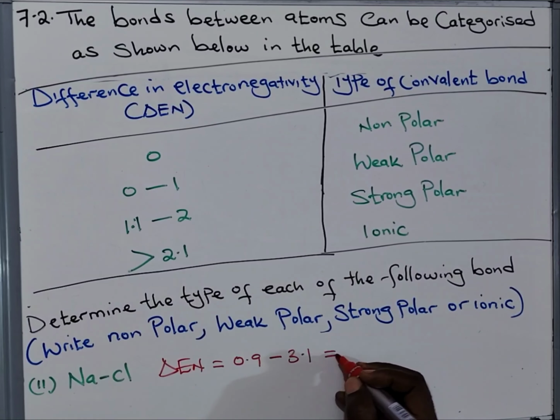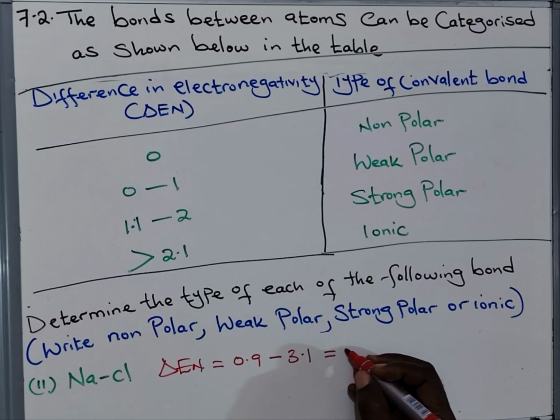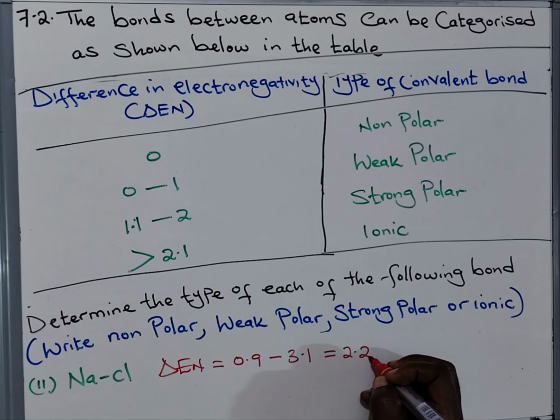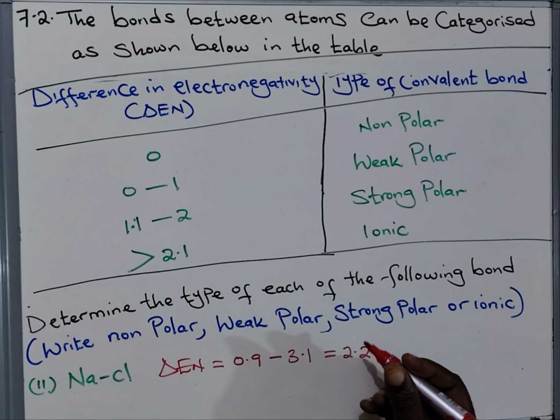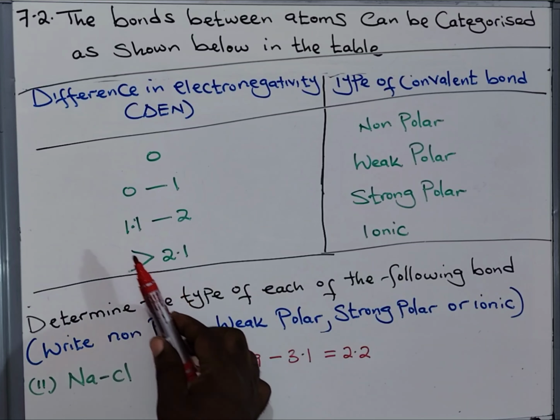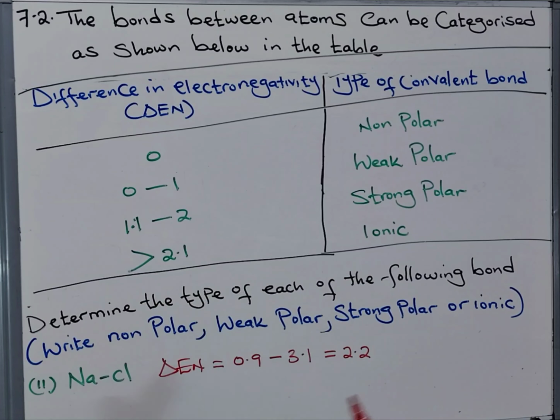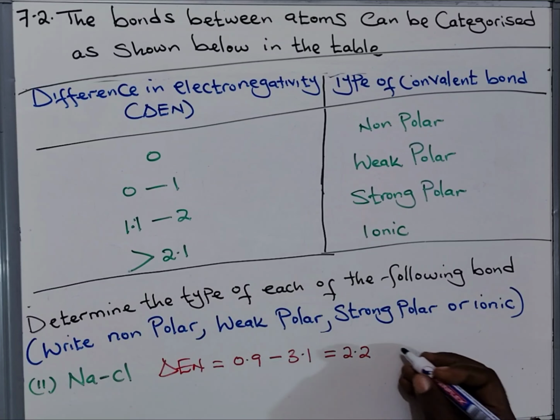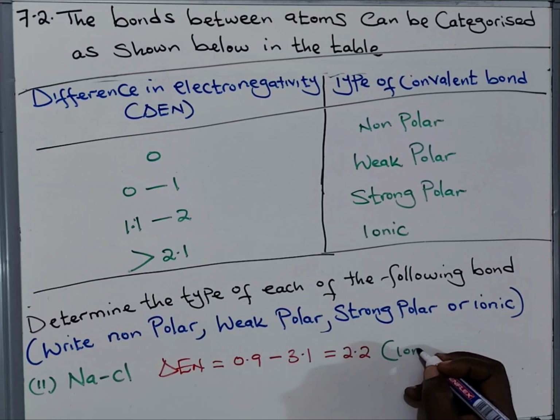So this gives us an electronegativity difference of 2.2. And 2.2 belongs to which category? To the last one, which is greater than 2.1. That means that the bond is ionic.